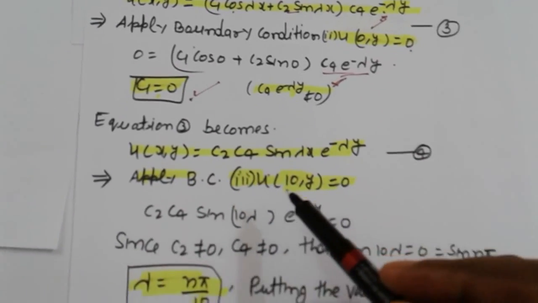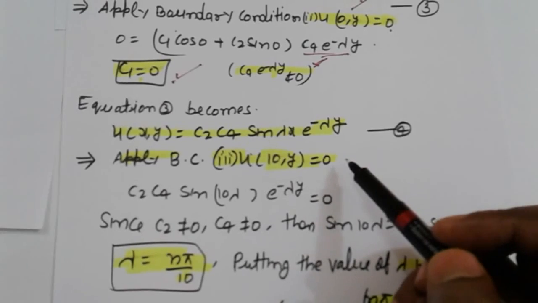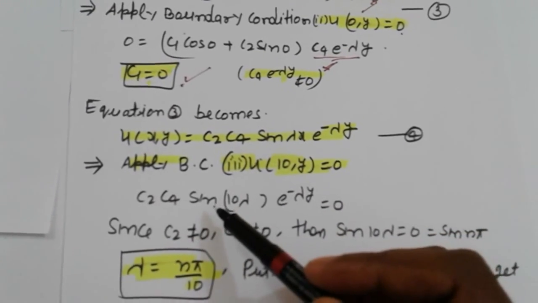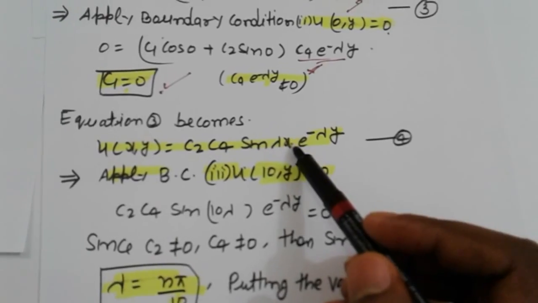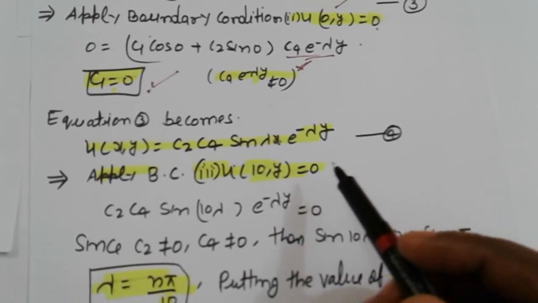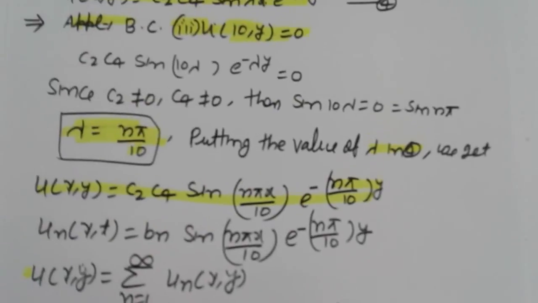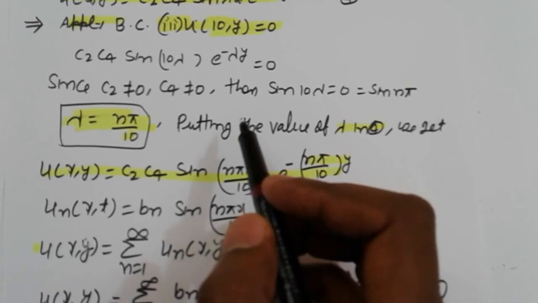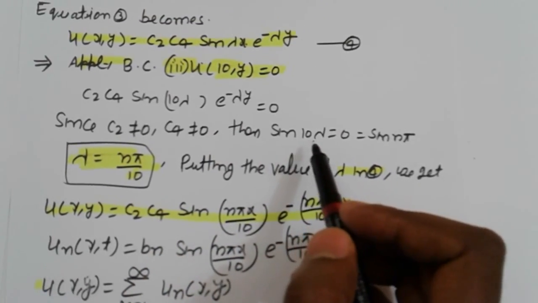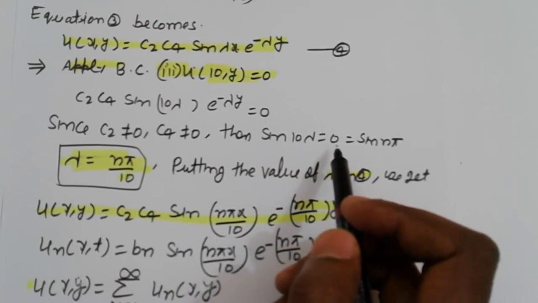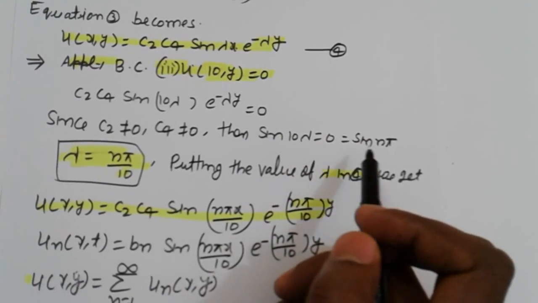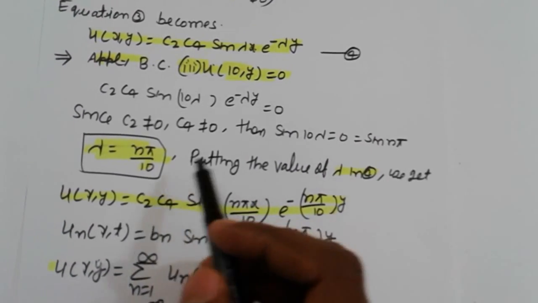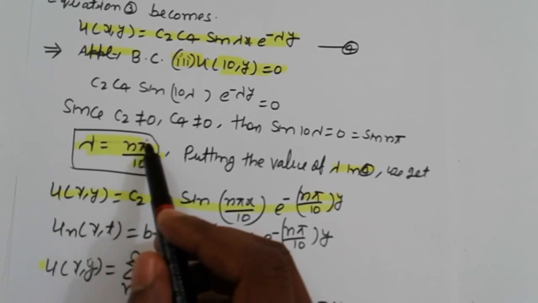Now apply the boundary condition: third, u(10, y) equal to 0. So c2 c4 sin 10λ e^(-λy) equal to 0. So sin 10λ equal to 0, so sin 10λ = sin nπ, so λ is equal to nπ upon 10.